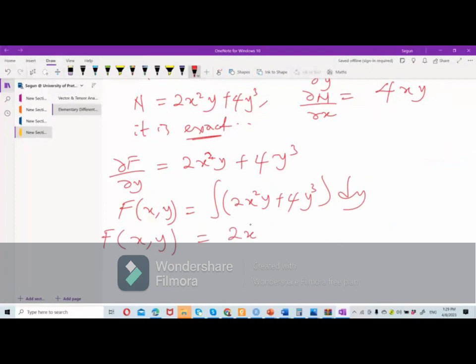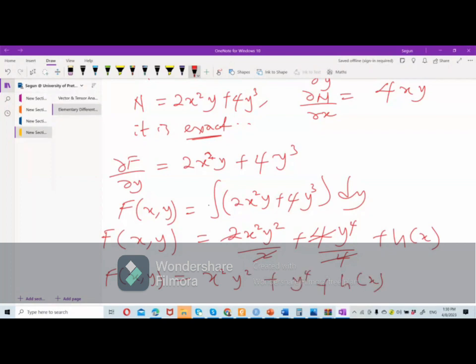You have 2x squared y squared over 2 plus 4y4 over 4 plus h of x. So this cancels, this goes with this. Our f in this case, of x comma y, is equals to x squared y squared plus y4 plus h of x. It's good we're using h of x in this case.